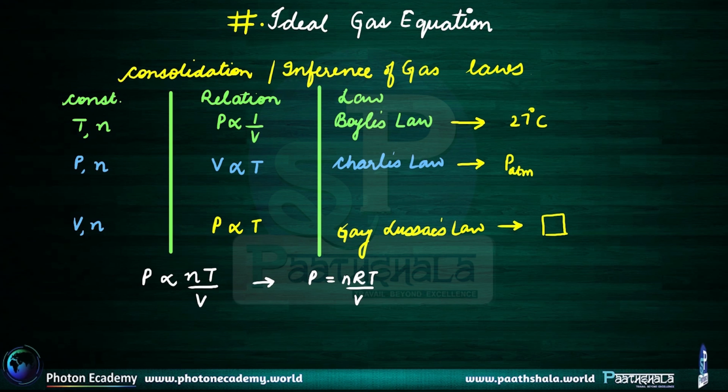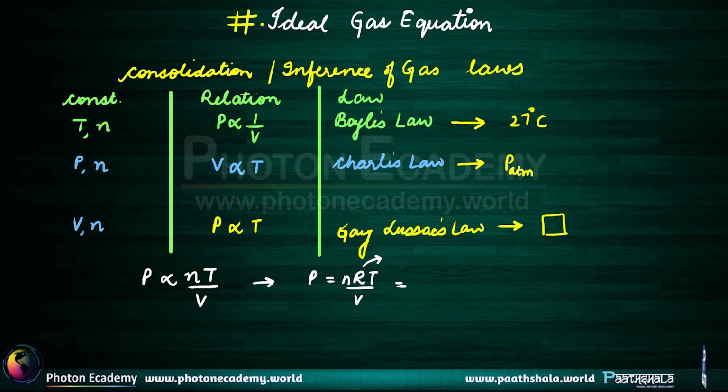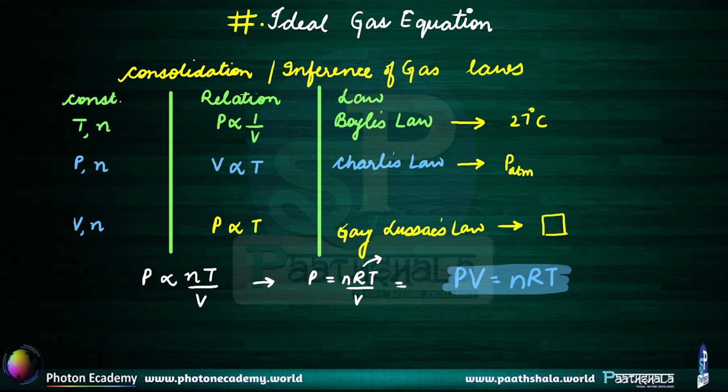Here R is the proportionality constant, and our ideal gas equation, which is very, very important, becomes PV = nRT. It is one of the most important things in this chapter which you would be studying. Mark the ideal gas equation as important.